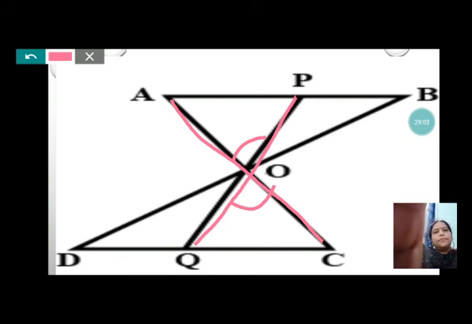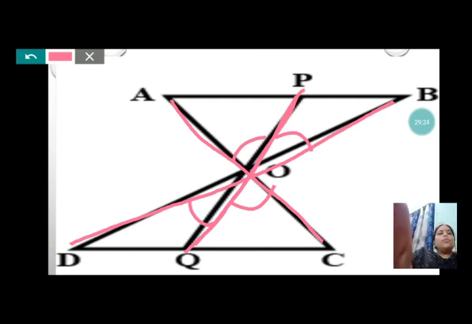Now then we will discuss the lines DB and PQ. What do we find? That DOQ and POB are vertically opposite angles.